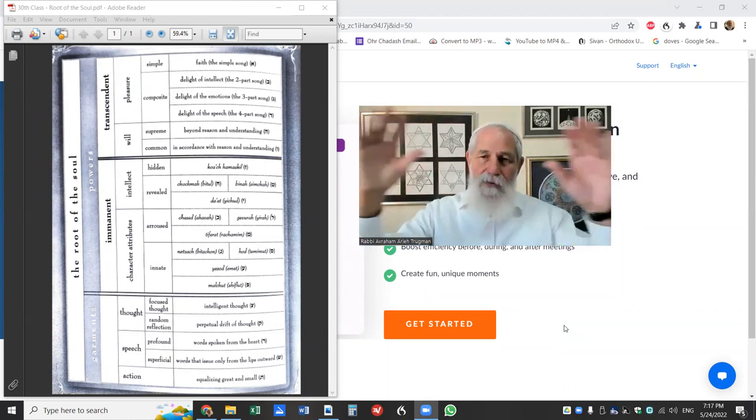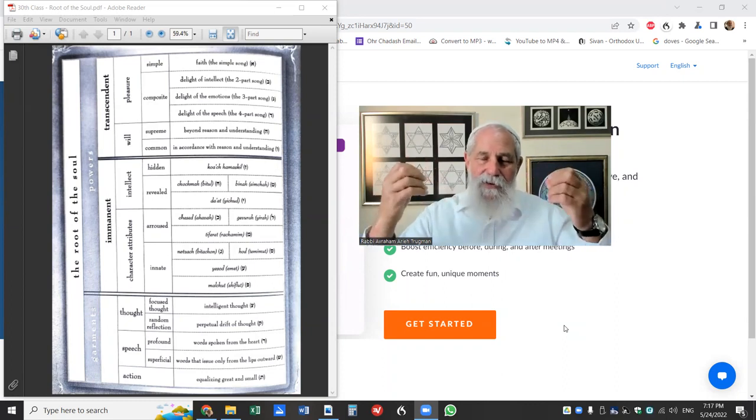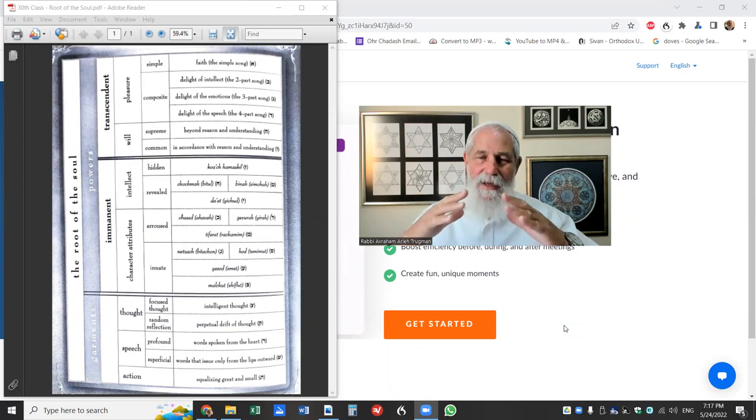He surrounds all worlds. It's a surrounding transcendental aura that permeates everything, but if you can use the terminology of far and near, it appears to be more distant from us, more inaccessible. And then we have the immanent powers of the soul.